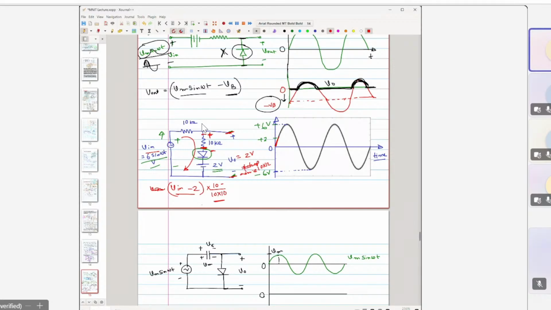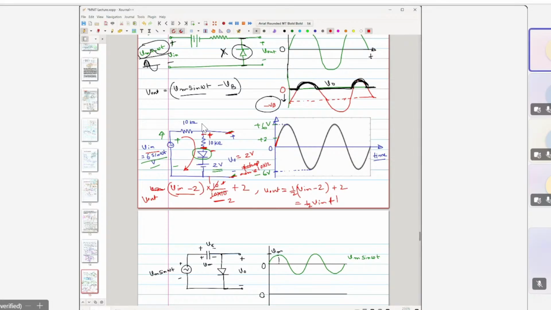So V out would be half of V in minus 2, plus 2. That means half of V in plus 1.